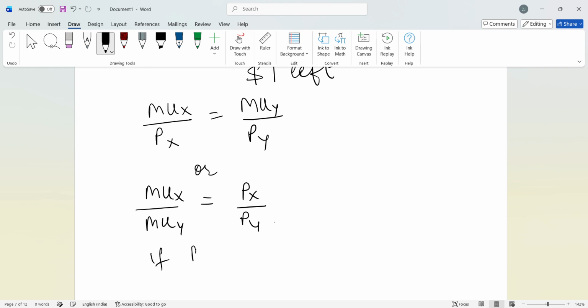And if Px is equal to Py, then the marginal utility derived from the two goods would be equal.